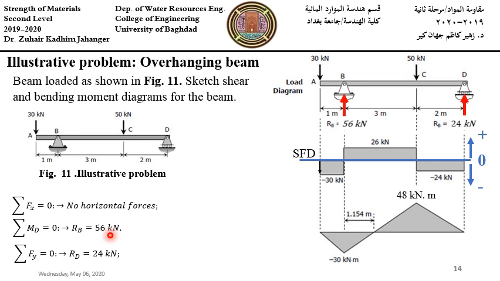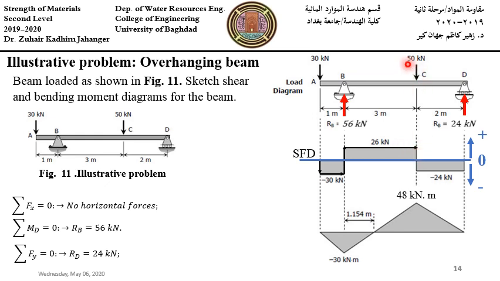This is the 30 downward. Then between A and B, zero load intensity, a straight horizontal line. Then at B, the upward reaction of 56 kilonewton causes the shear ordinate at B to increase to 26, because 56 take away 30 is 26.